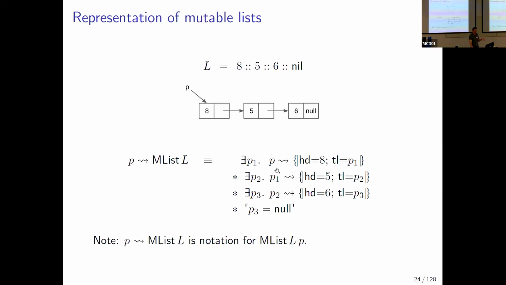So we say there is this P1 such that P points to 8 and P1, and separately, there is this P2 such that P1 points to 5 and P2, and separately, there is this P3 such that P2 points to 6 and P3, and separately, P3 is null and the heap is empty. So this works for this list. Of course, we can generalize to arbitrary lists.